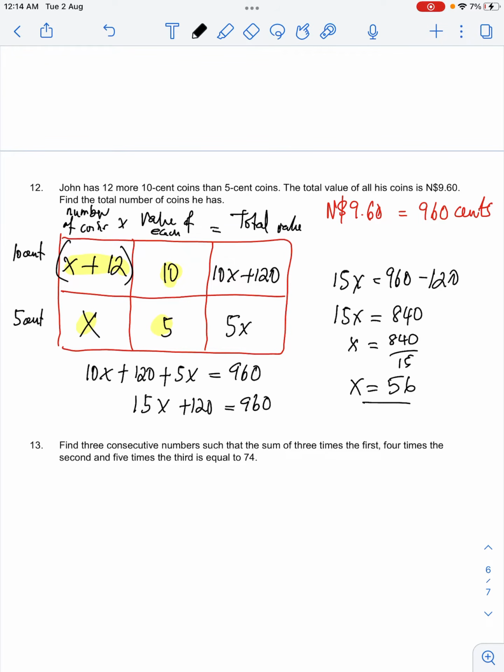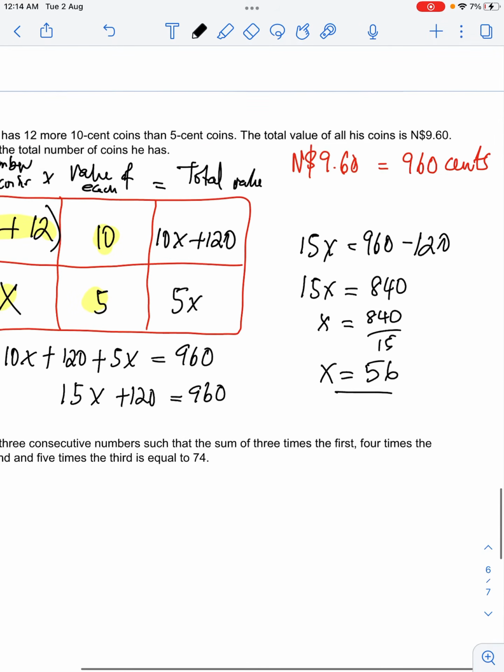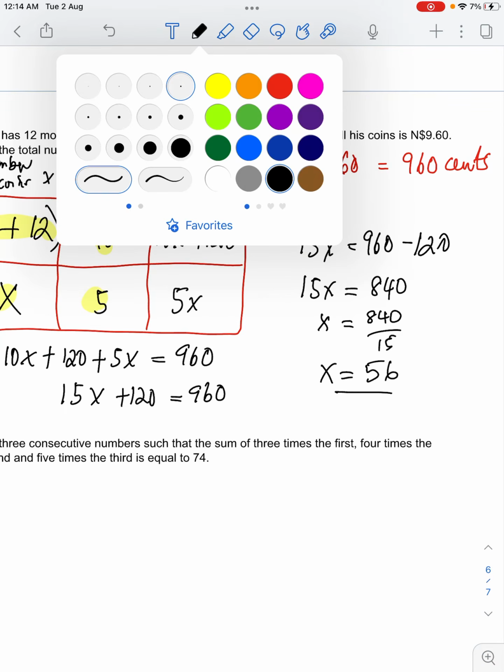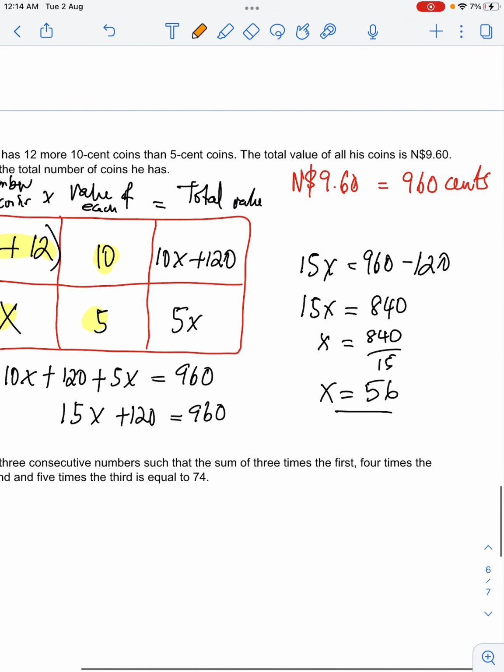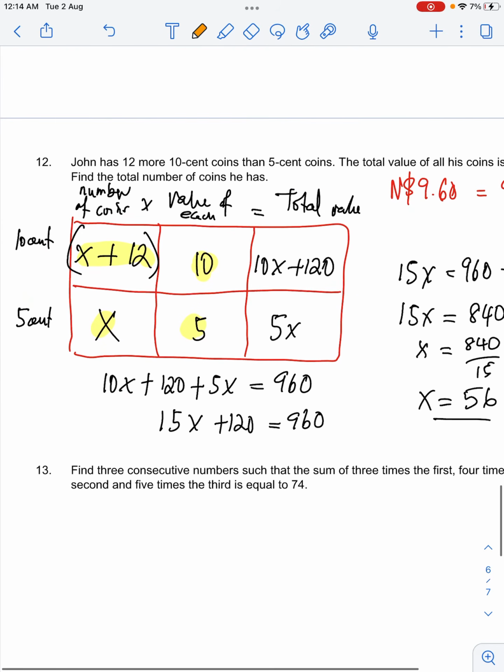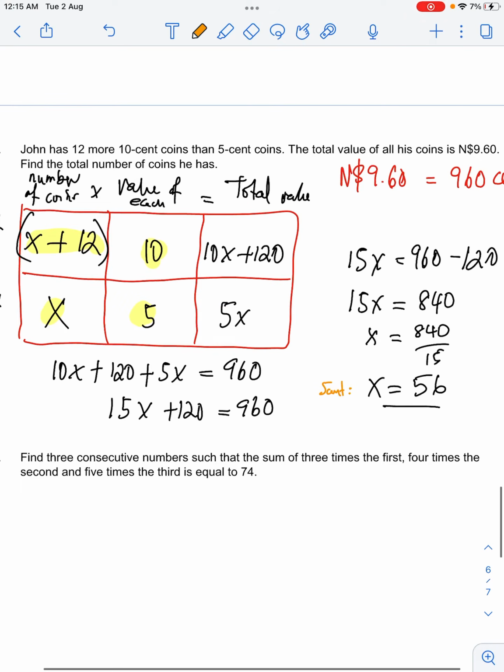Right, find the total number of coins he has. So he has got 56 5-cent coins, and well, I'm just going to see where I can write that one. So just going to change the color here. So this here represents the 5-cent coins. So the 10-cent coins, they would be 56 plus 12.